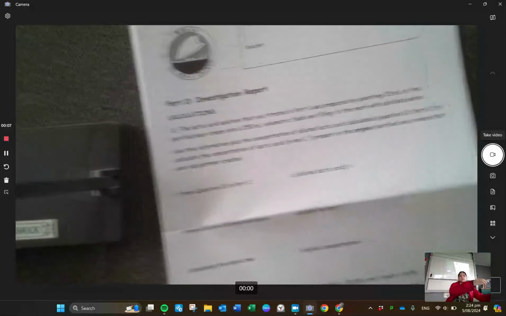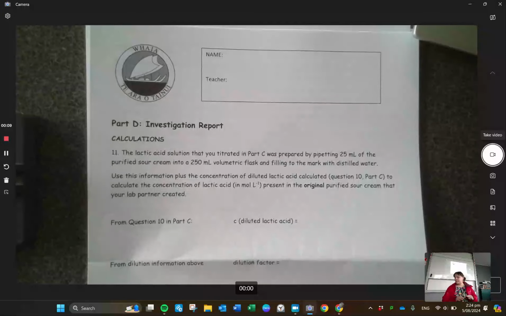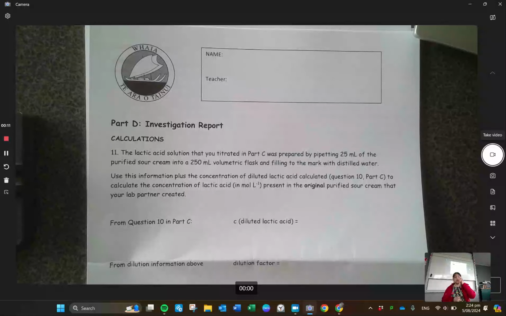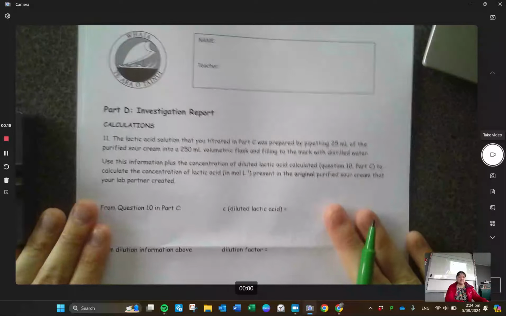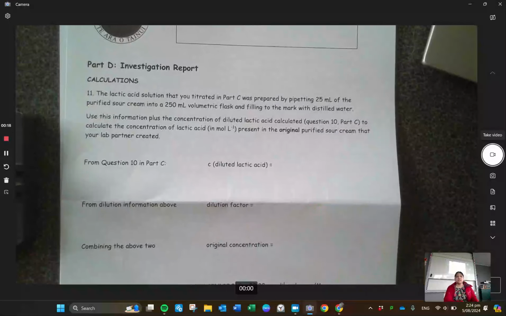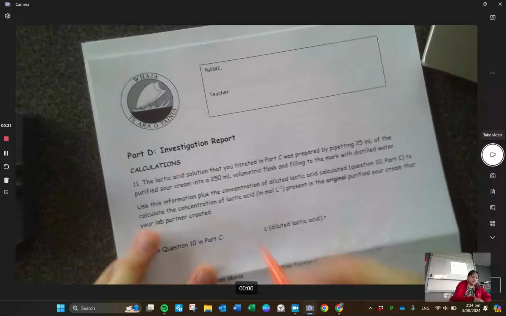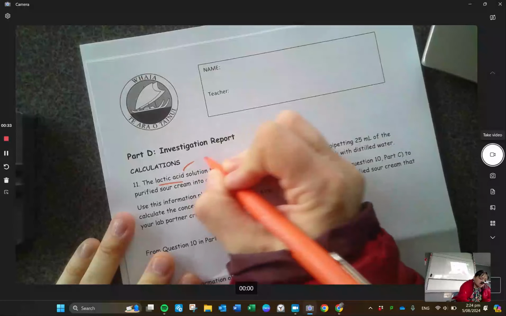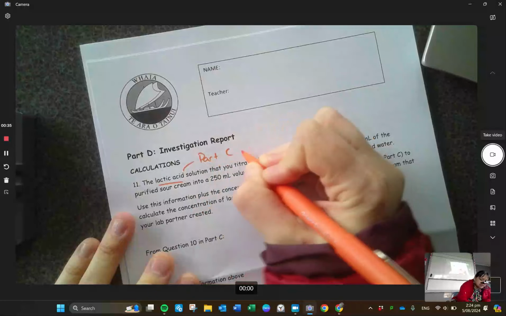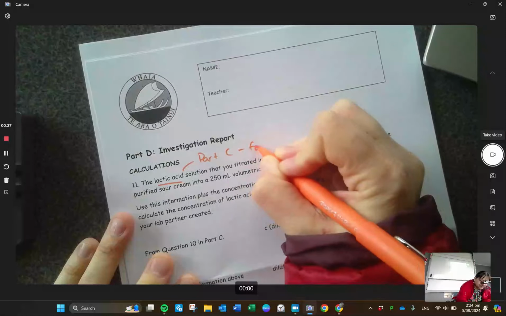Cool. So, first thing I want to talk about is the calculations for part D. Something to keep in mind about this step is that now that we know the concentration of lactic acid, we are working backwards to figure out, does it match the original claim? So this is the lactic acid. Part C, you found the concentration.